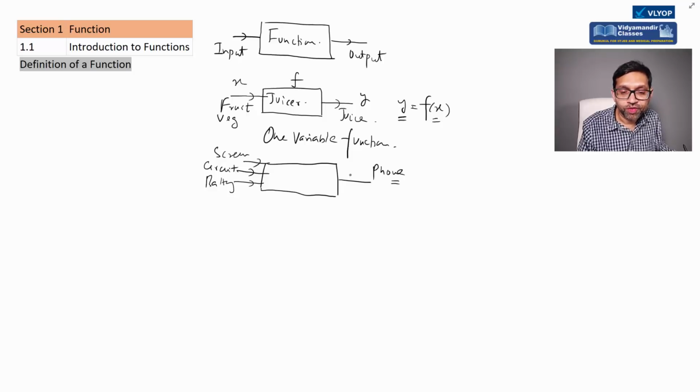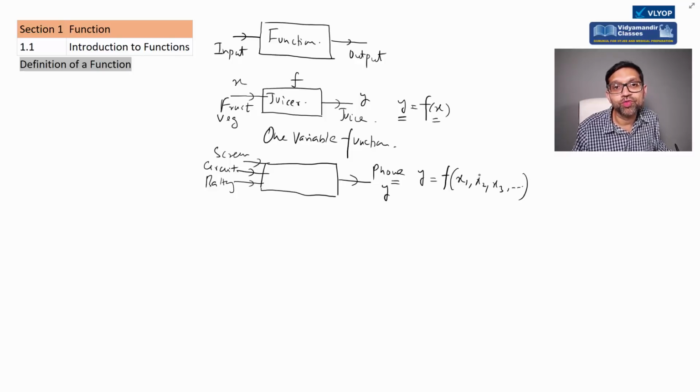But if we have a multi-variable function, where the output is again y, the inputs can be x1, x2, x3. So there are multiple inputs to produce one output.